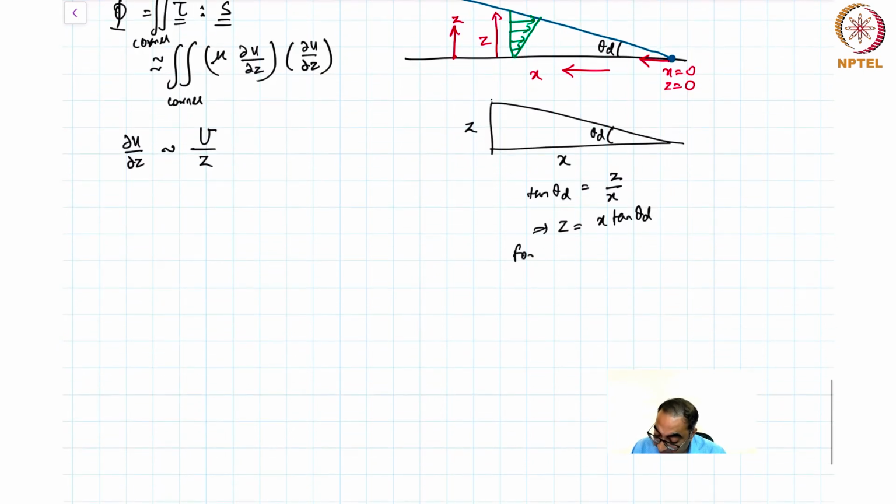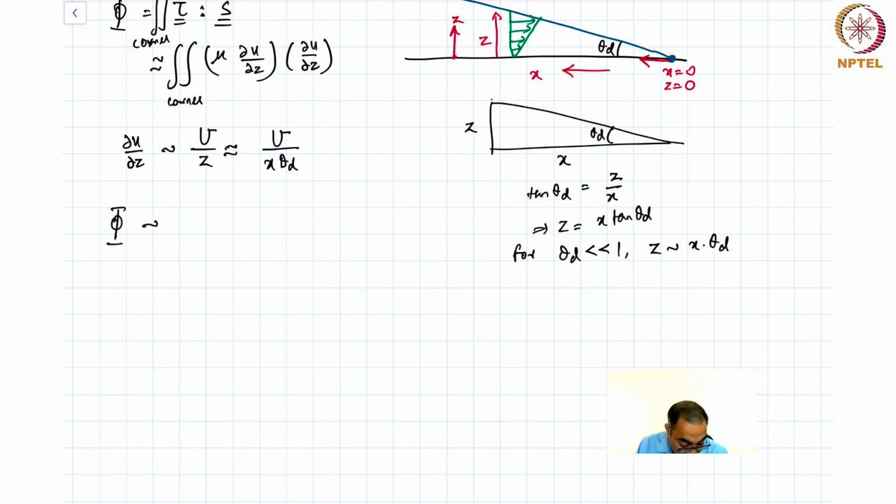We also already said that for theta d very, very small, z is approximately x times theta d, because tan theta d is approximately theta d. Therefore del u by del z would be u over z, and z essentially becomes x times theta d. That's what we have.